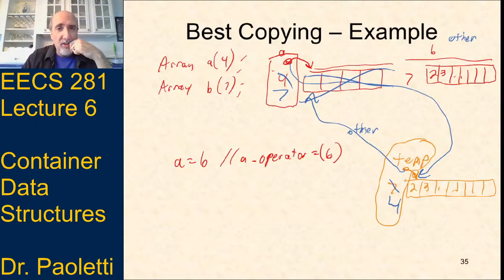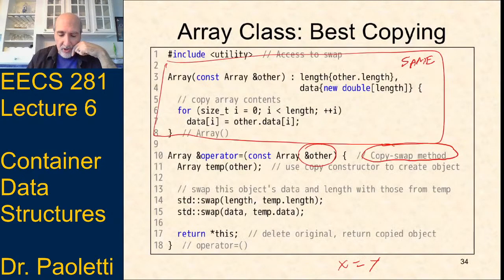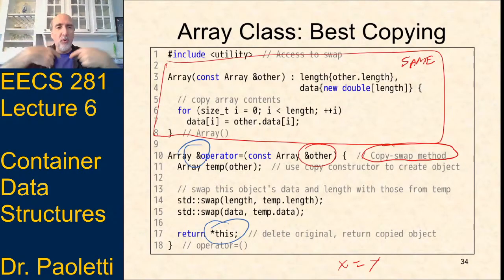The current object. So A's old block of memory got destroyed, but A now points over here. We return the current object by reference. We don't make a copy of it. So this is a pointer to the current object. Dereference this is the current object, and we return a reference to that object, and we get the original output.